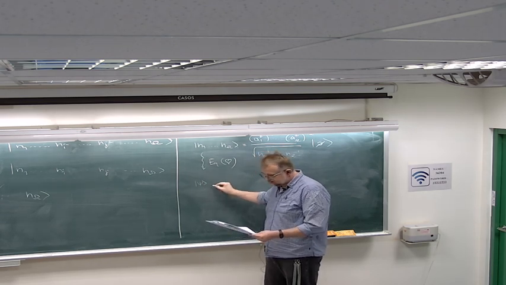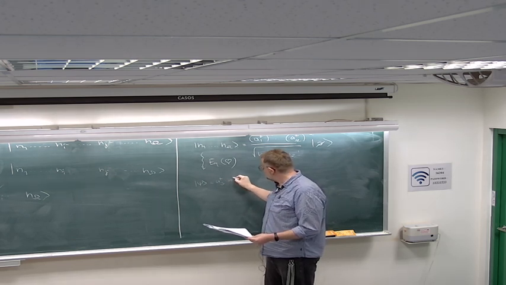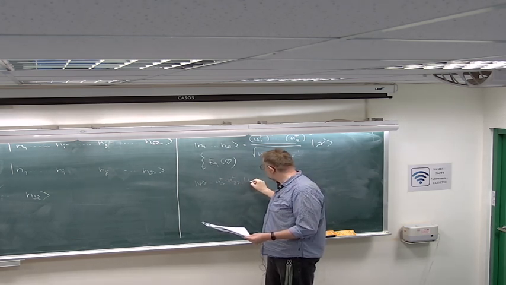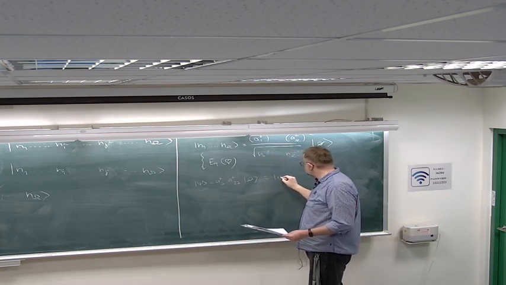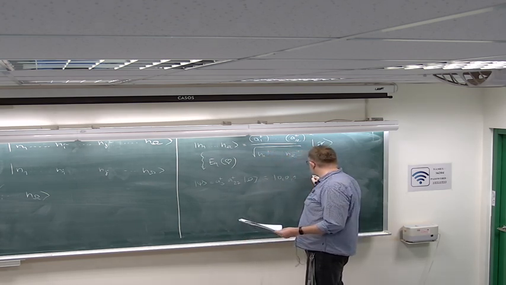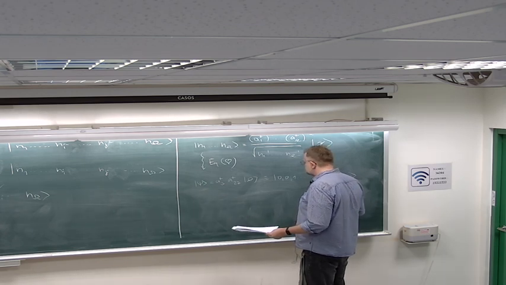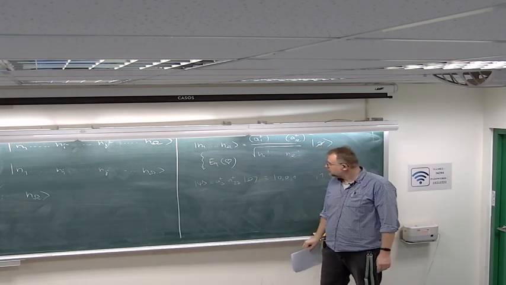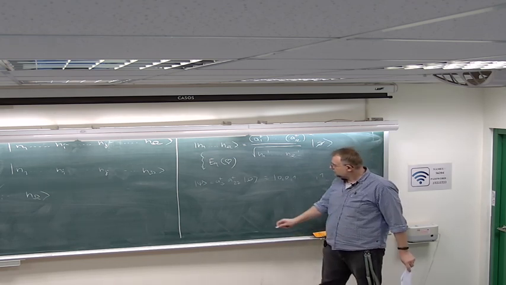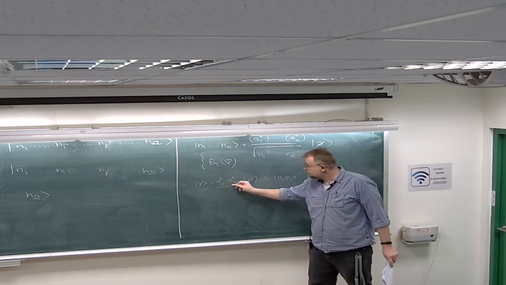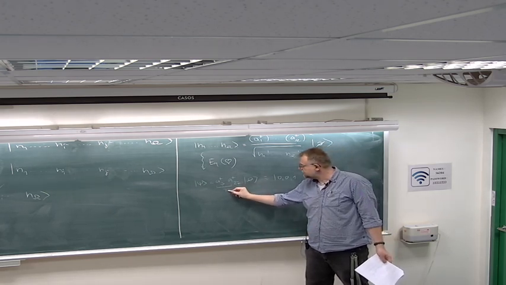This is, let's say, A dagger 3, A dagger 27 acting on the vacuum. Then it means that I have some state which looks like that: 0, 0, there is 1, on position 27 is also 1, and all other entries are 0, for example, right? This is my abstract vector psi. Since I apply A operators which commute, I know it should be a boson. So this tells me it is a boson.